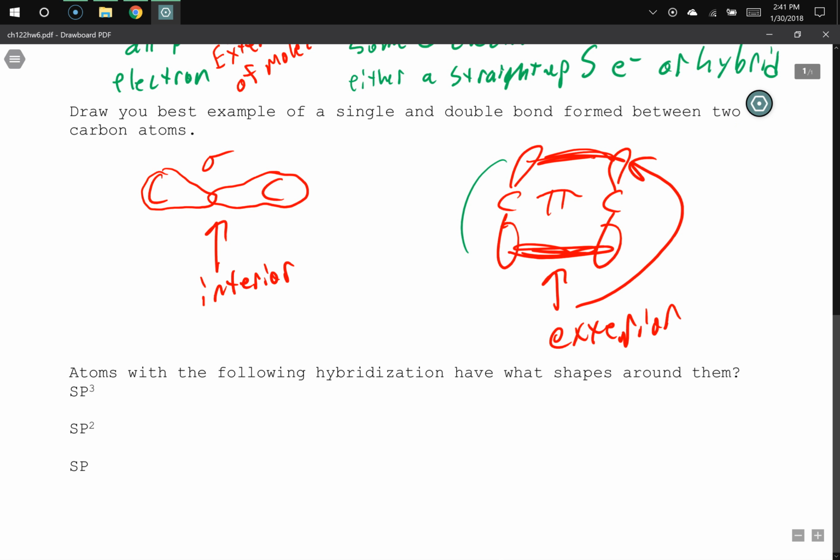How many electrons are here? 2. How many are here? 2. It's a bond. Even though the pi bond is in more than one place, it's still only composed of 2 electrons because there's 1 electron in this p orbital, 1 electron in this p orbital. There's one electron in this hybridized orbital, and there's one electron in that hybridized orbital.